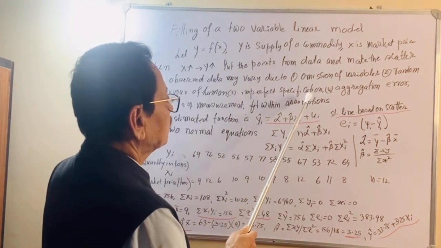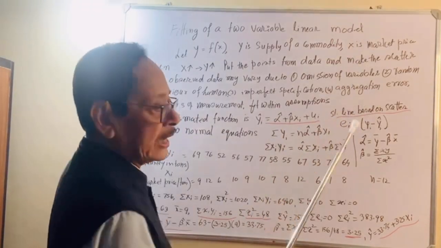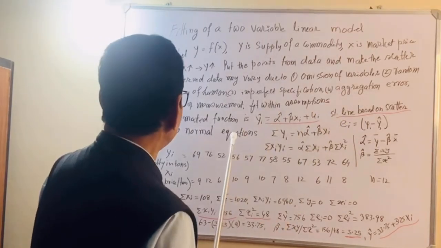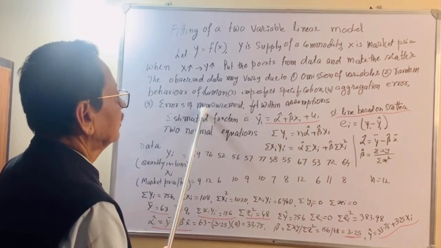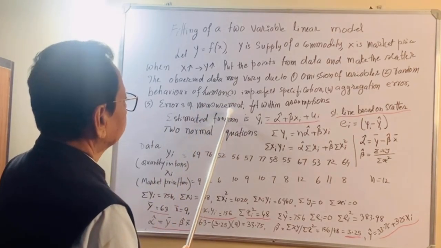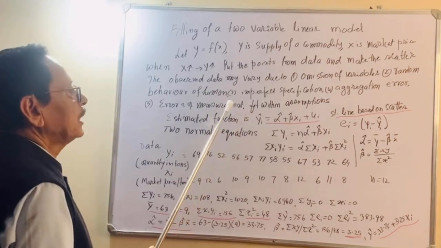Then imperfect specification of the model. Then aggregation error, so when we aggregate, there will be error. Then errors of measurement. So within these limitations, we will have to fit the functions.